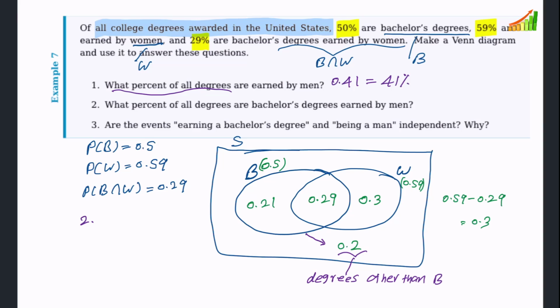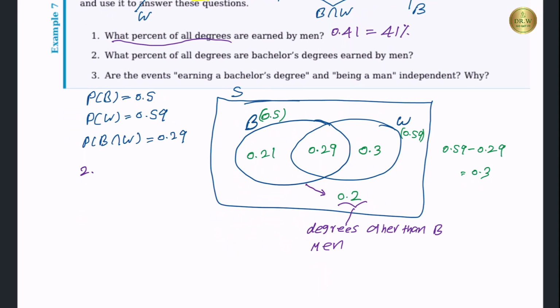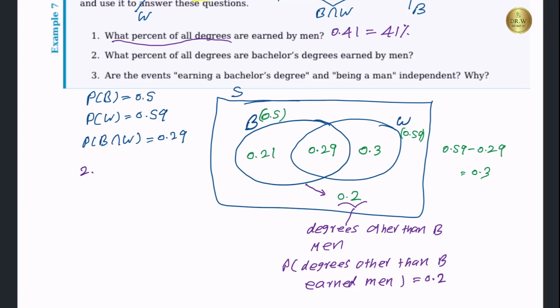Right, then go to the W. W represents the women, but this point 2 is out of the W as well. Therefore, this should be men. Therefore, what is the point 2? Point 2 is the probability of degrees other than B earned by men. So that is point 2. Now let me explain point 21.